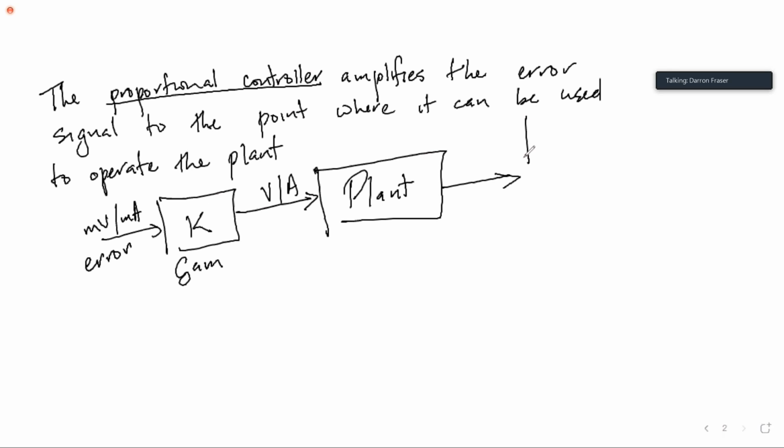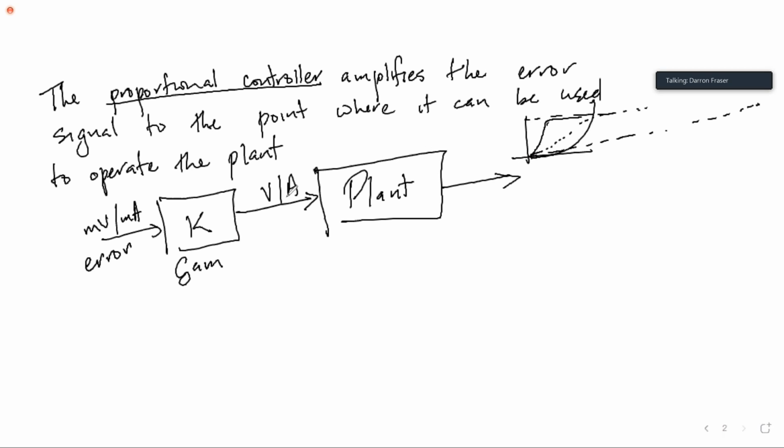You don't want to put the gain so low that it's going to take forever to go to the value that you want. You want a response that you determine, right? So your gain should operate the plant, but it shouldn't be such that it takes forever to reach the value that you want, and it shouldn't be such that it is out of control.